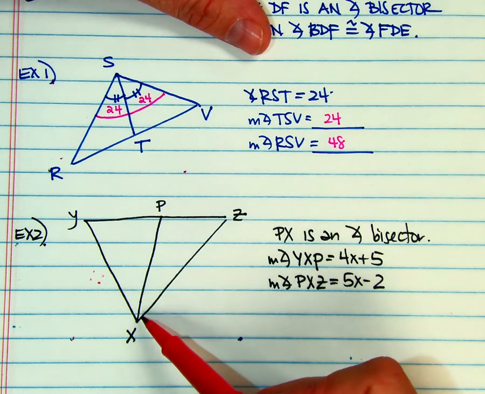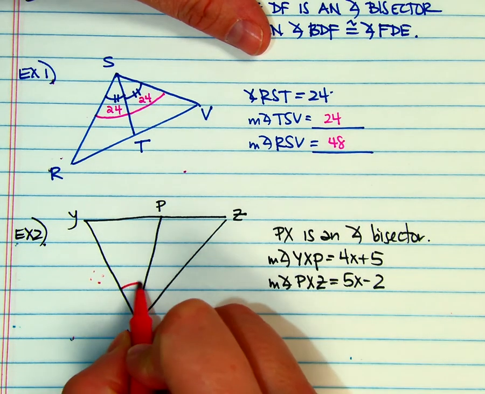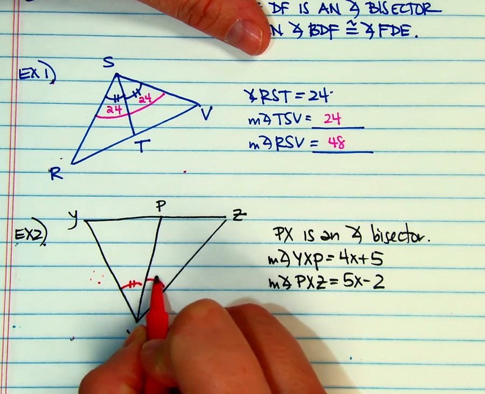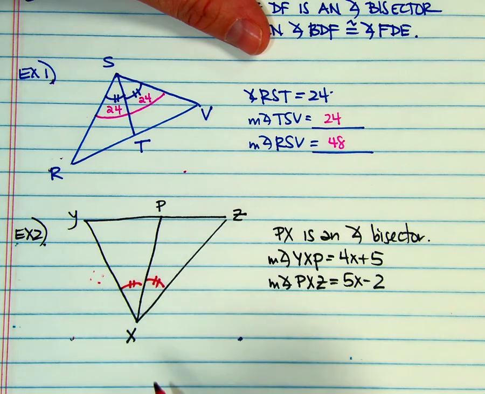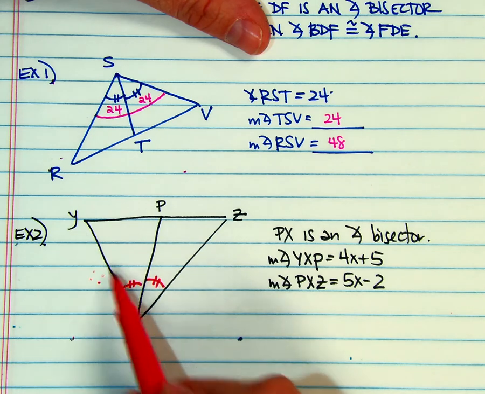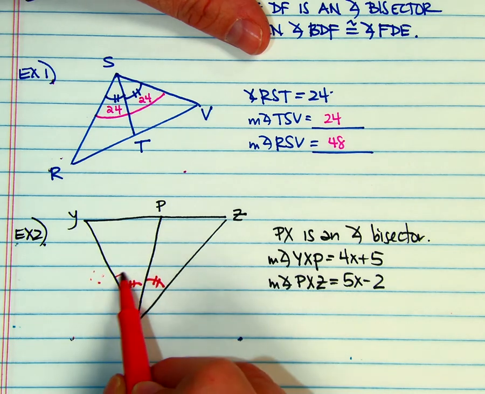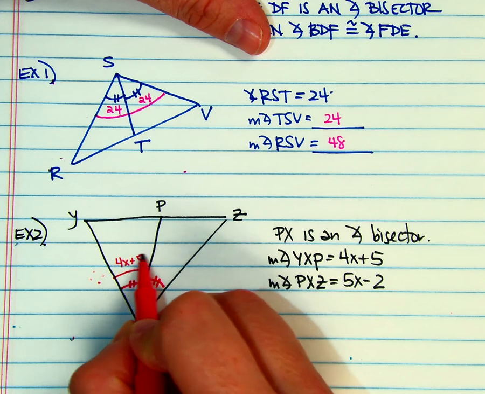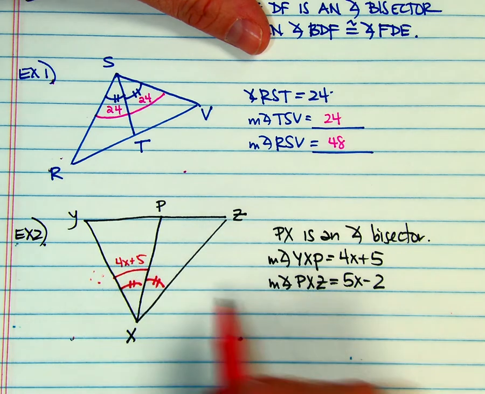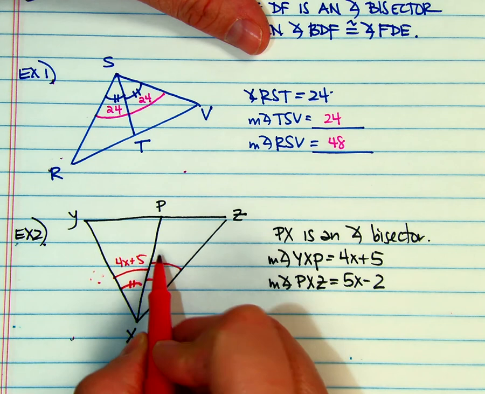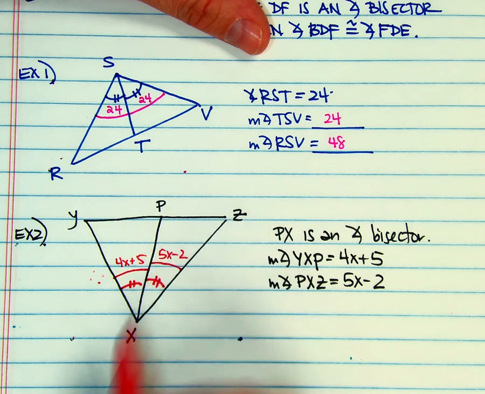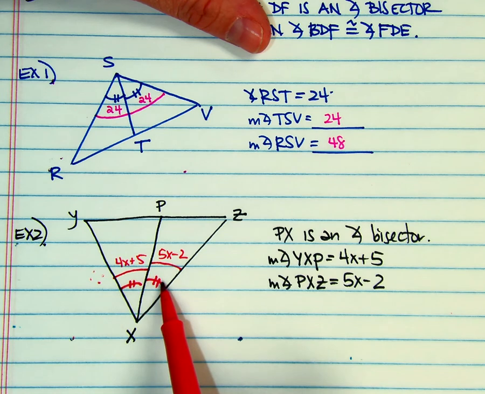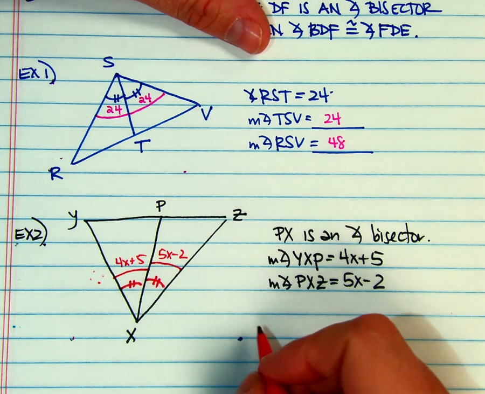So if PX is an angle bisector, then I know that that piece is going to be congruent to that piece. YXP, this angle, is 4x plus 5, and PXZ, which is this one, is 5x minus 2. If they are congruent, then we can set them equal to each other.